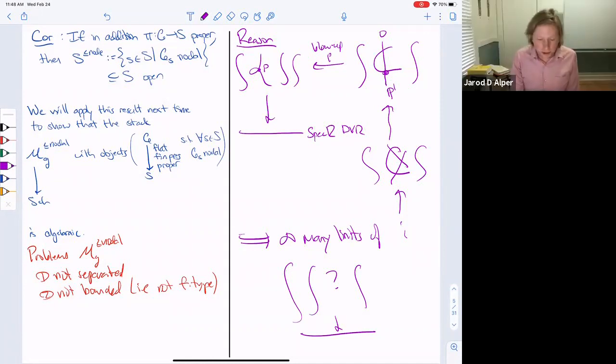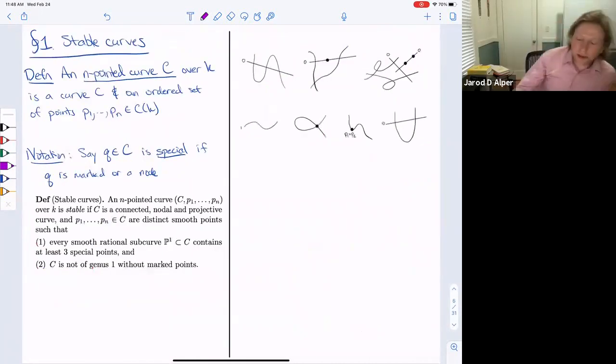Okay, so let me introduce stable curves now. So here's our definition. Well, first I'm going to introduce pointed curves. So I'm not only going to introduce stable curves, I'm going to do it in the pointed setting, so we'll be able to discuss M_g bar and M_{g,n} bar. And so an n-pointed curve over a field is just an arbitrary curve.